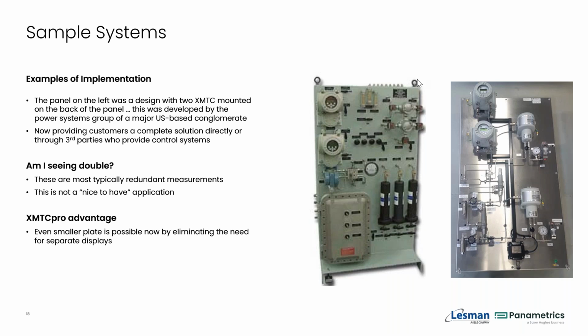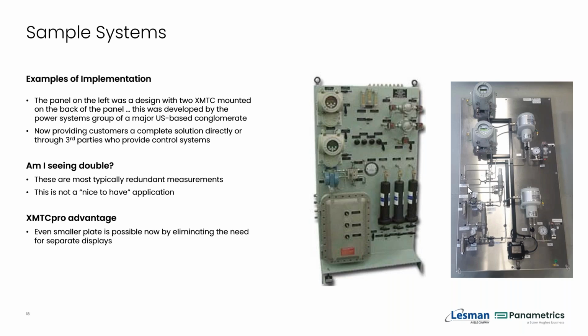And you can tell by these lifting lugs here that these are exceedingly heavy panels. They were made to be pretty much bulletproof. Since then, we've moved to a much lighter and much simpler design, and that's shown on the right-hand side with the XMTCs and the display packages.